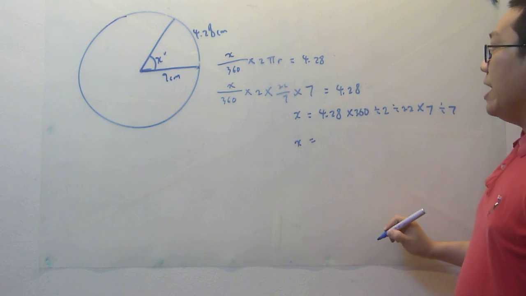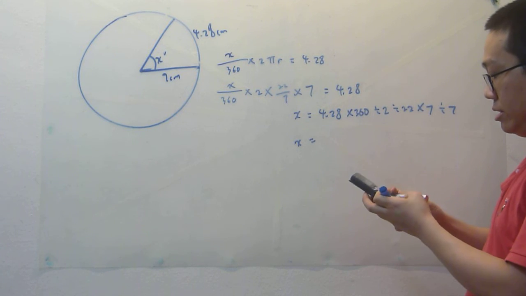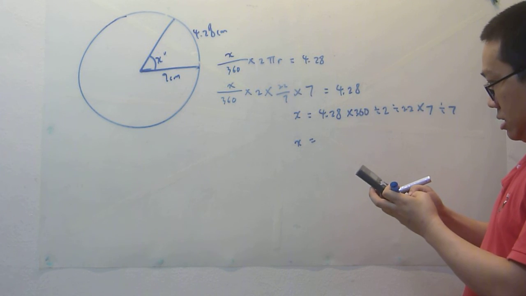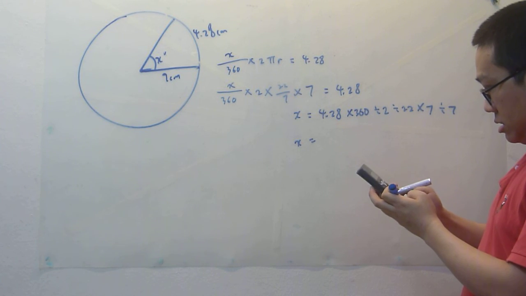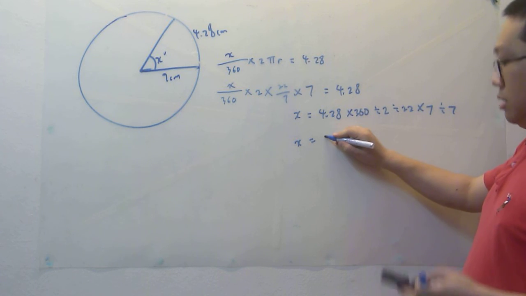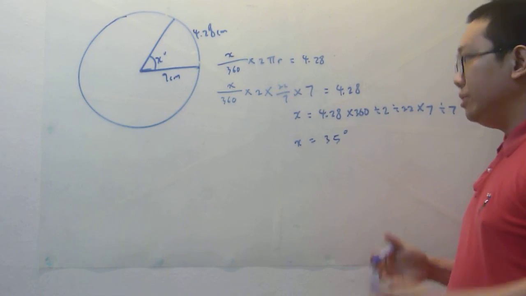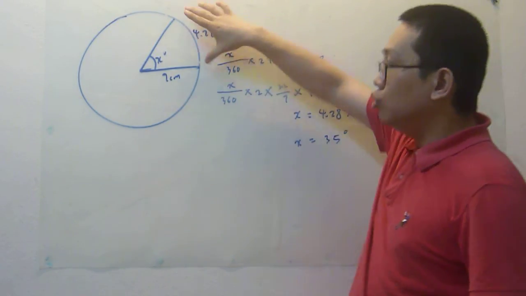So after I calculate using my calculator, I should be able to get 35 degrees also. Okay, so this is the question related to minor arc.